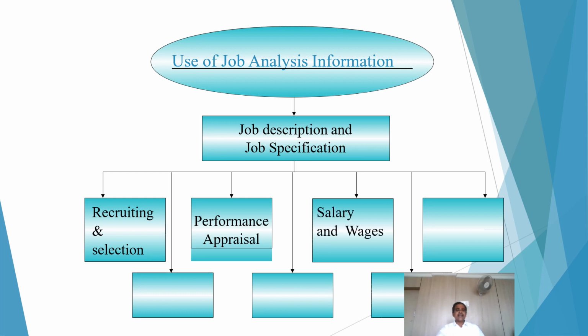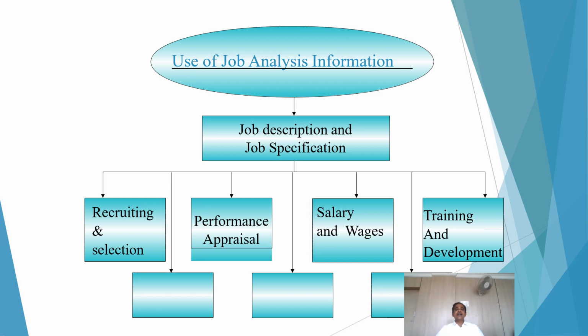Another one is salary and wage. So we have a separate technique called job evaluation, otherwise job pricing. For doing job pricing also, we need the job description and job specification statement. Another one is training and development.